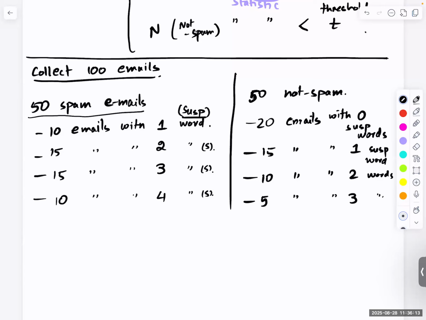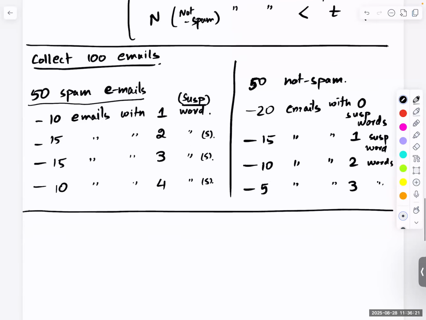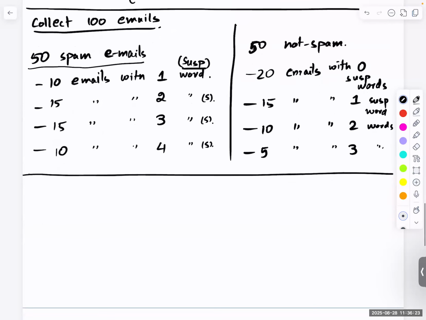All right, so let's say this is my data distribution, and using this distribution, I want to study TPR and FPR. Let's think about how we can do this.